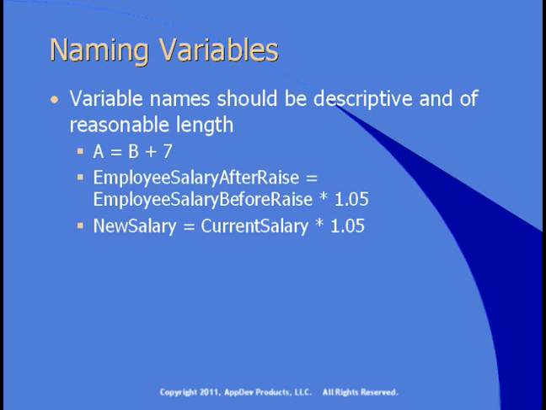And that tells you everything you need to know. You take the current salary, you multiply it by 1.05, which is a 5% raise, and you store that to a variable called new salary. So keep your variable names short, not too short, make them descriptive, and that way your code is easier to type and easier to read.